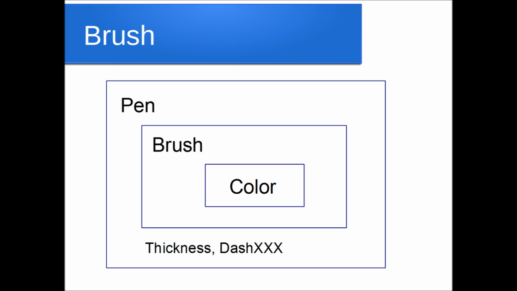A pen object has a brush object, plus it has thickness, a property called thickness. There are also some properties that let you draw dash lines, and they start with the word dash. The pen object also has some properties that affect how the lines are joined together.